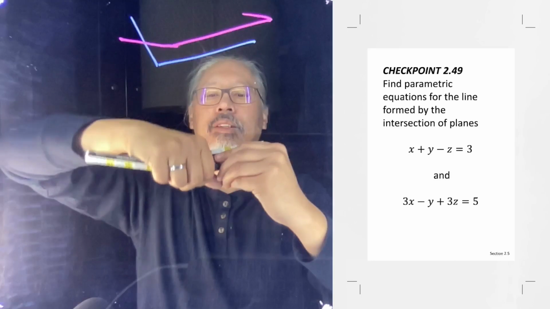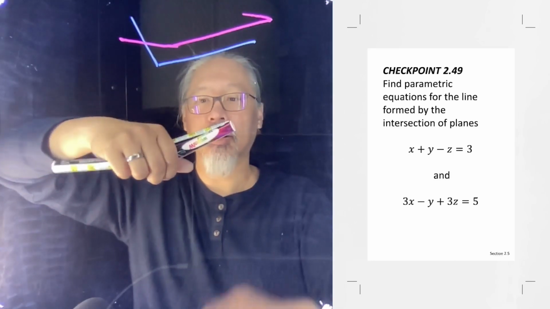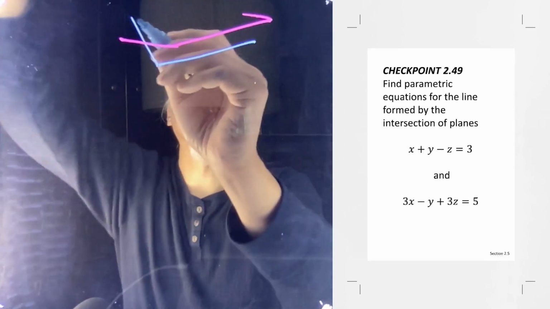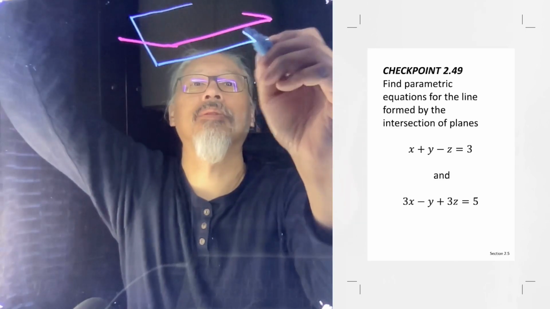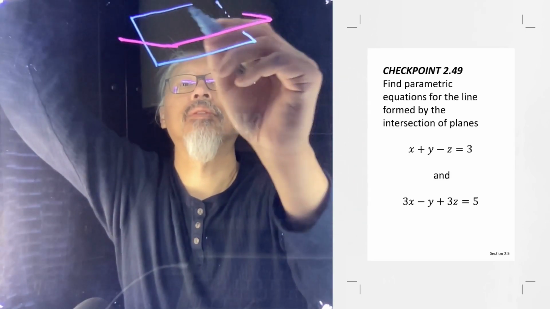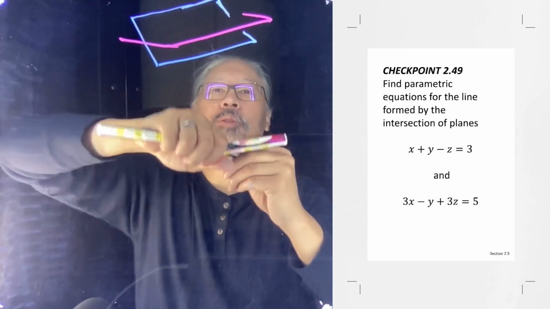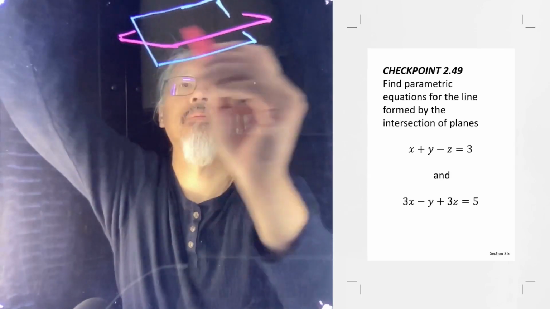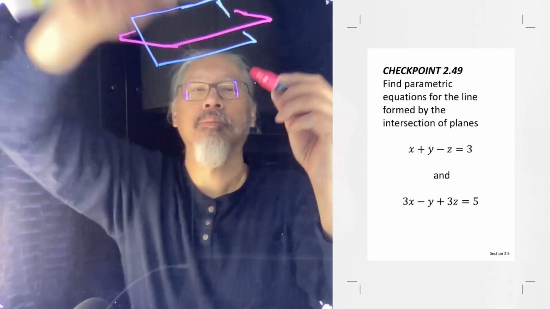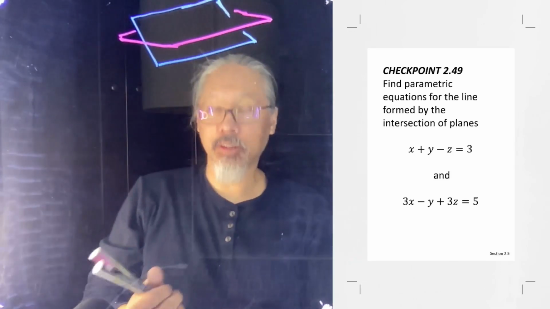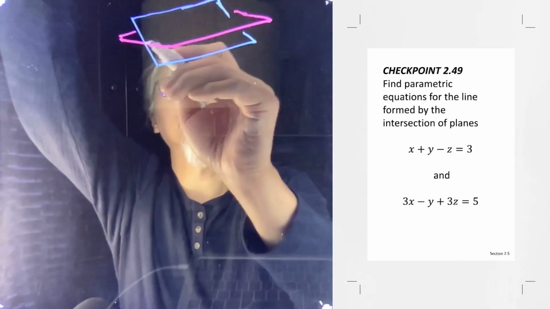And let's see if we can draw the illusion of the intersection between these two planes, and they would intersect on this line.